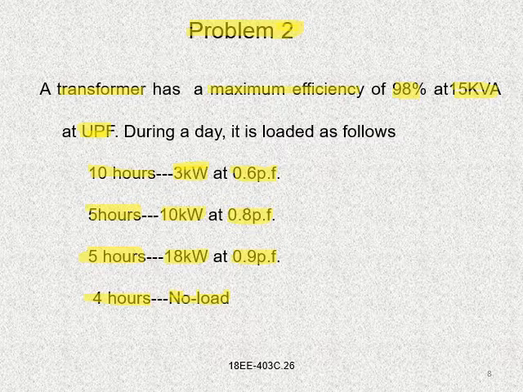So you can total add the duration: 10 plus 5 is 15, plus 5 is 20, and 4 makes 24 hours. So for the 24 hours he just gave you the load details.